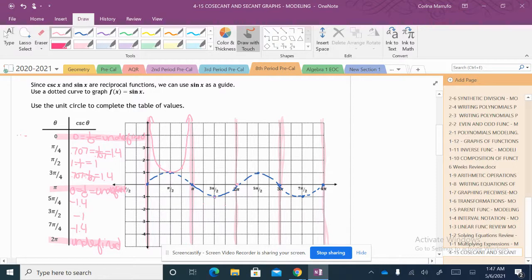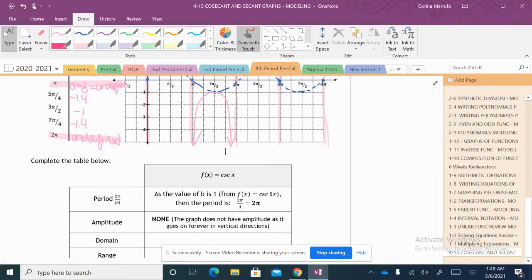It kind of looks like a little parabola going down and one going up. And that's one revolution, okay? Why can't I think of the word?